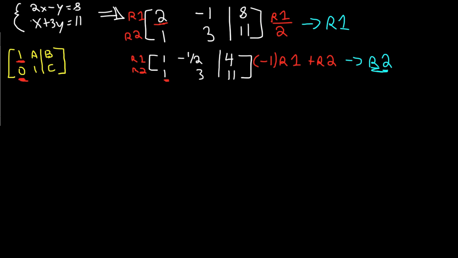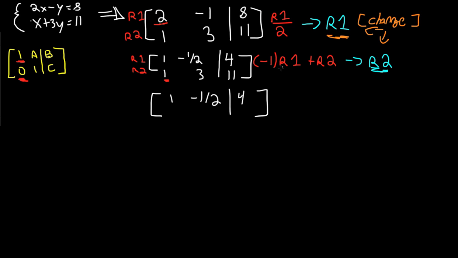As we did before, this is the row that we are changing, so I'll just put change. So let's apply that. When you multiply row 1 by -1, let's bring down the row that's not getting affected. Multiply row 1, which is 1, by -1. So 1 times -1 is -1, plus row 2, which is 1 right here.